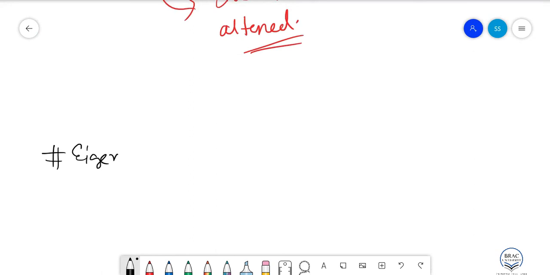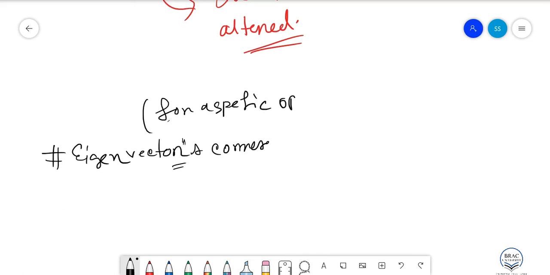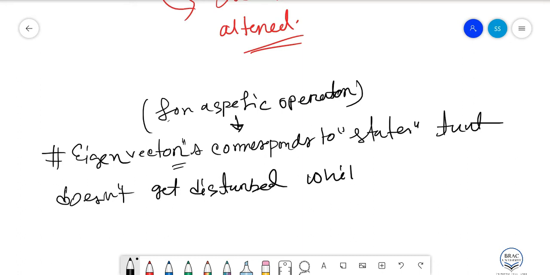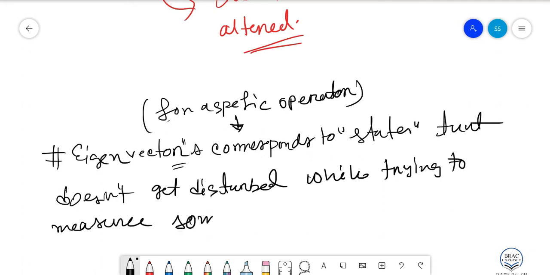So eigenvalues or eigenvectors, that is, if you have an operator and you have some eigenvectors, then for a specific operator, eigenvectors correspond to states that do not get disturbed while trying to measure something about that state.